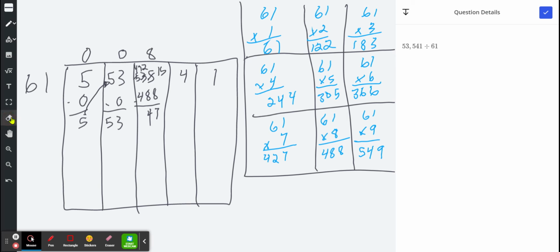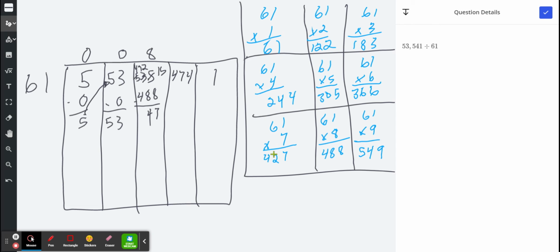And we're going to take that 47 over here. In fact, I'm going to rewrite this. It's getting a little sloppy. And I'll end up with 474. So now, again, we go to our list over here and see how many times 61 will fit into 474. And you can kind of ignore these ones because it's not even really close.